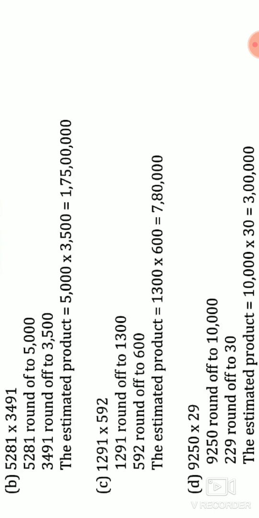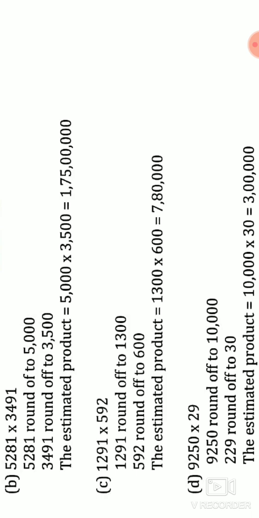Then you will get 1 crore 75 lakhs. 1 crore 75 lakhs is the estimated product of 5000 into 3500. In this way you have to find the estimated product.